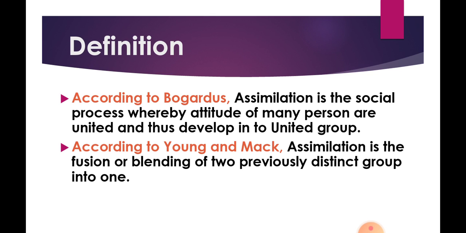The second definition is given by Young and Mack: assimilation is the fusion or blending of two previously distinct groups into one. Next, I will show one picture here. It is written, individual affected by other. It means when two distinct groups come together, they are affected by each other.